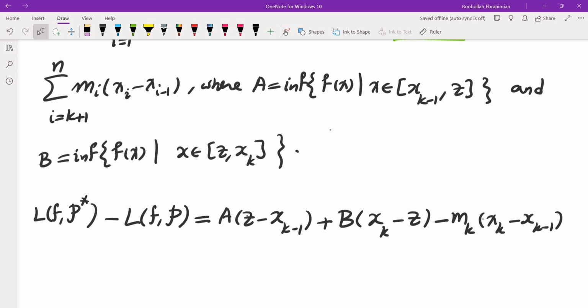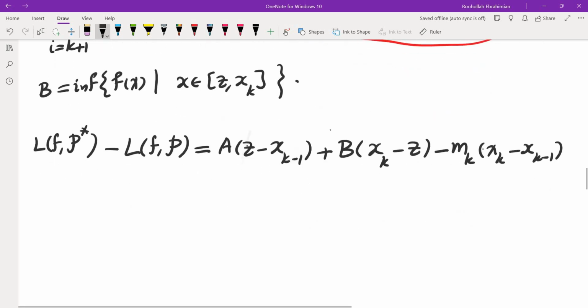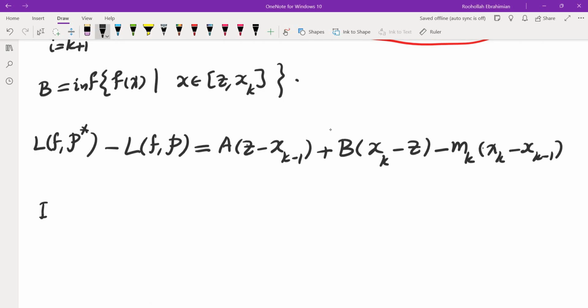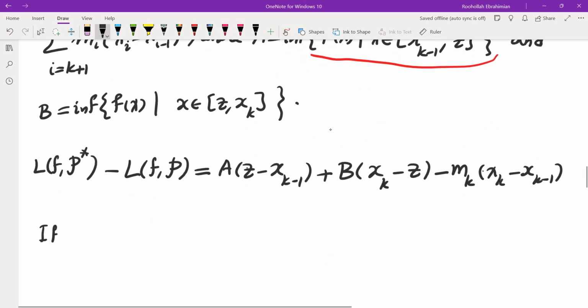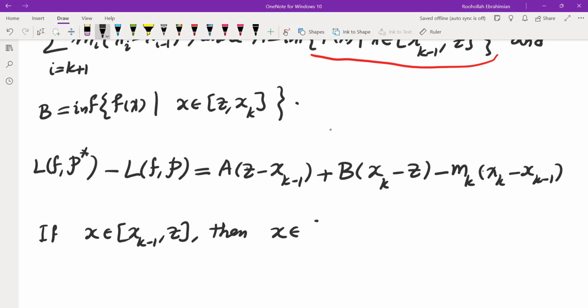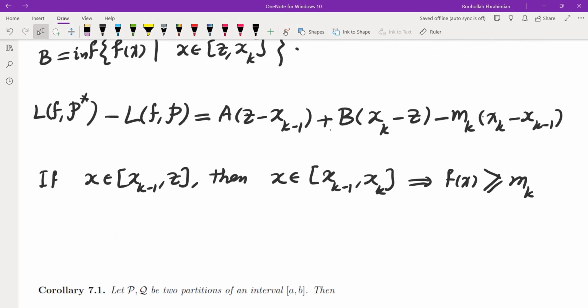Okay, a is the infimum of this set, and I know mk. If x is in the interval xk minus 1 to z, then x would be in the interval xk minus 1 to xk, which means f of x is greater than or equal to mk, because mk is the infimum of f of x inside this interval.